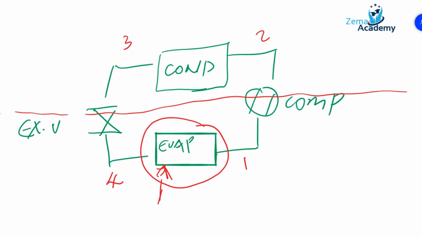Inside the evaporator, at point number 4, what we start with is a low temperature and low pressure liquid, and that is what's going into the evaporator. As it travels through the heat exchanger, the refrigerant boils.